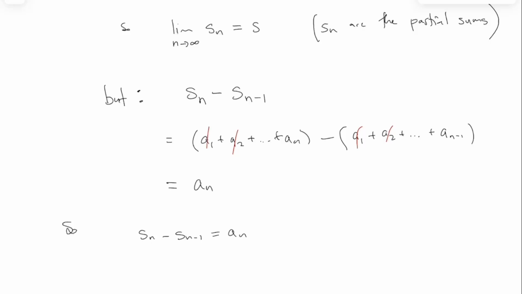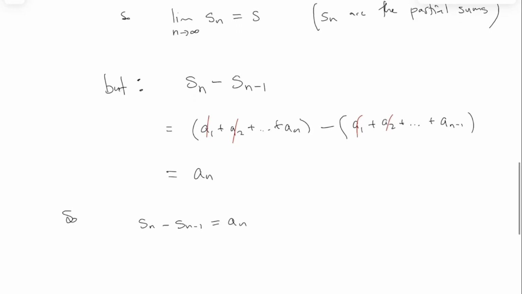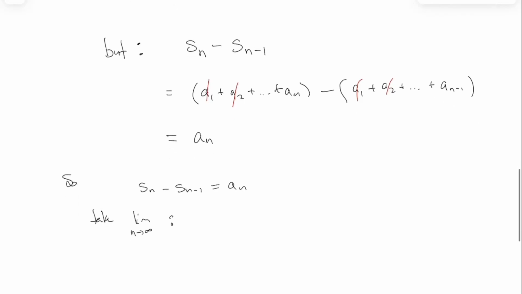And now I'm going to take the limit through the whole thing on both sides. So now take the limit as n goes to infinity of everything. It'll say the limit as n goes to infinity of Sn minus the limit as n goes to infinity of Sn-1. This is because you can split a limit across a plus or a minus sign.